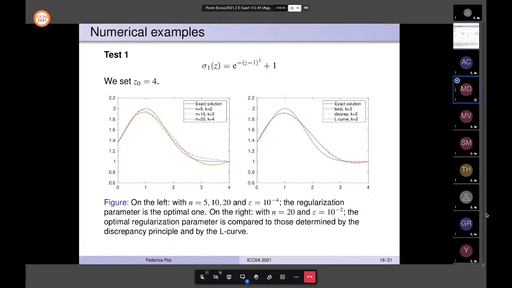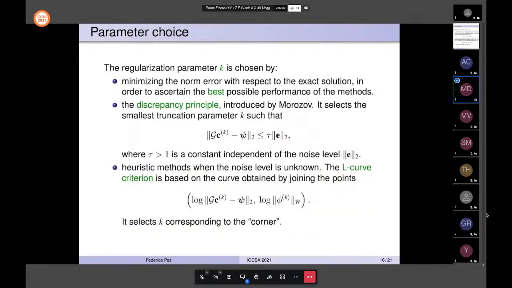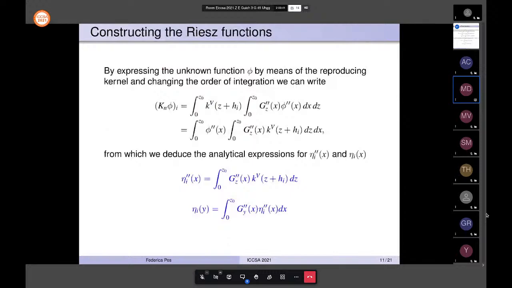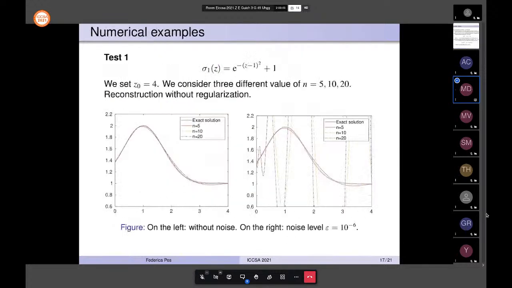We fixed zeta 0 equal to 4 because after this value, the function sigma stabilizes to a value, so we truncated the integral at this point.